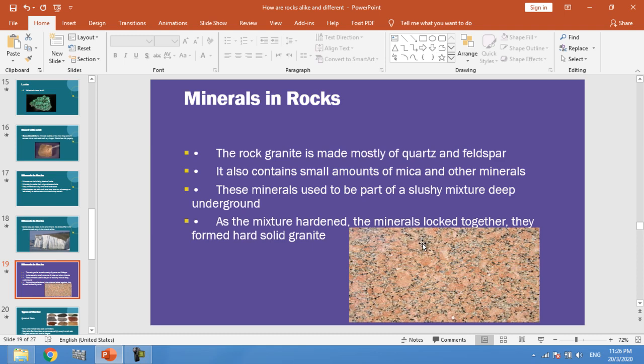This is mica. The orange or brown one is feldspar, and the grayish one is quartz. So it's a mixture. And this is granite.